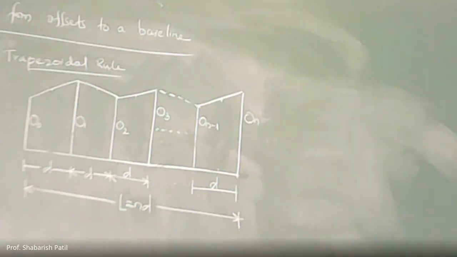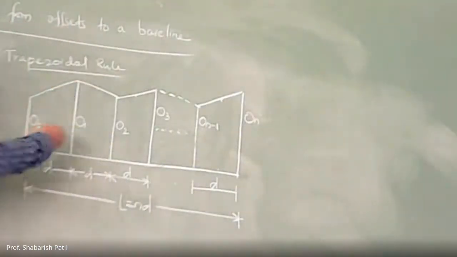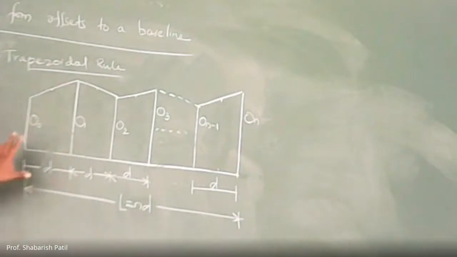Here, what we consider is that we consider each segment as a trapezoid. Okay. Note on the sketch, the same sketch.